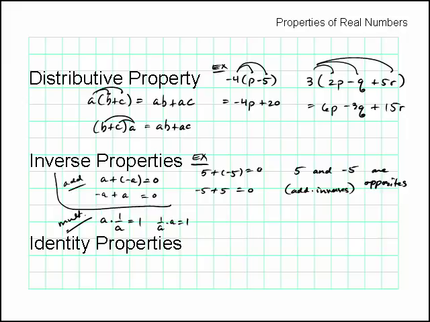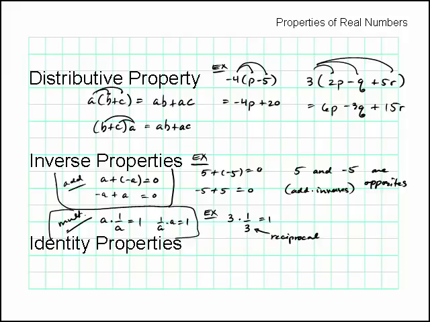So this is our inverse property for addition, and this is our inverse property for multiplication. An example of that would be, let's take the number 3, multiply to its reciprocal. You just put a 1 over it, 1/3. It's called the reciprocal. And that will equal 1.